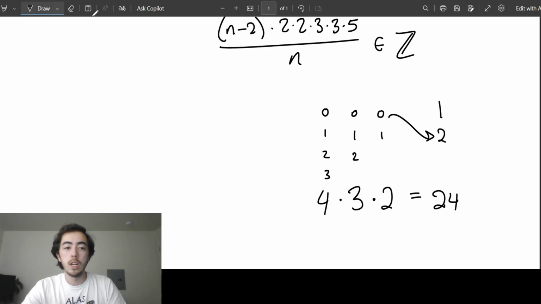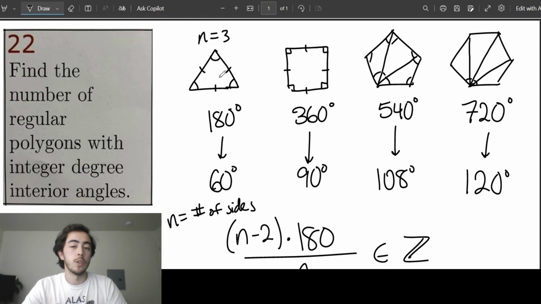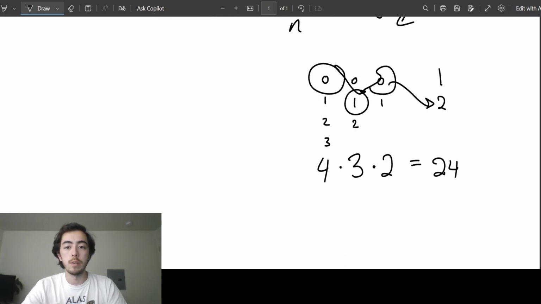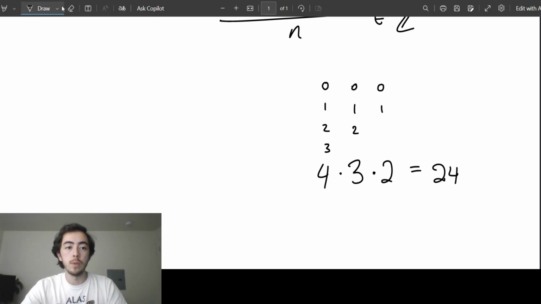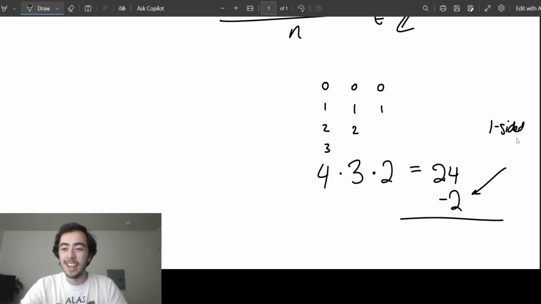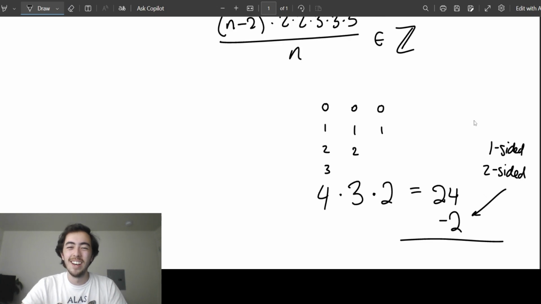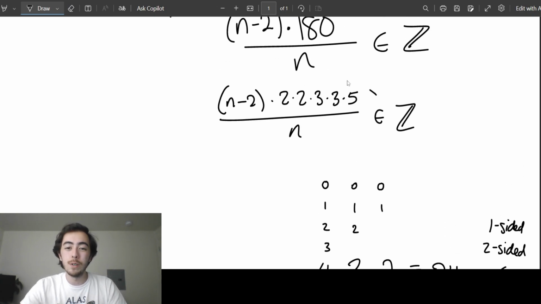But then if I try to make another small number by grabbing no 2's, just one 3, and then no 5's, well, this is just our triangle example, and I know that we're allowed to do that. So I do need to subtract 2 from my 24, just because this accounts for our one-sided and two-sided polygons, which don't really exist. Because 1 and 2 definitely will divide whatever's going on in the numerator here.